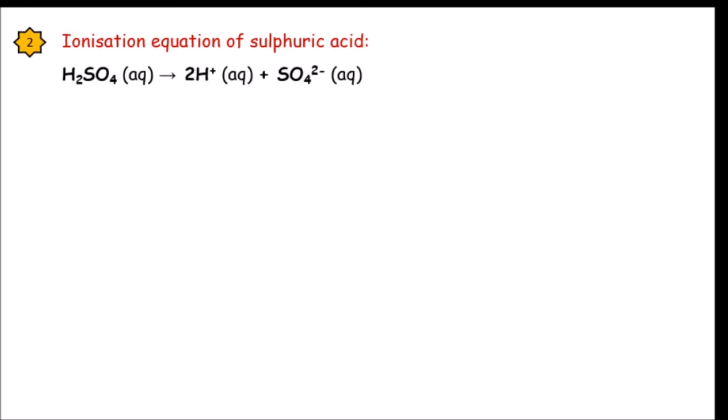Okay, good job. So this is the dissociation equation of sulfuric acid. So you see, one molecule of sulfuric acid will produce two hydrogen ions. So sulfuric acid is diprotic acid. This one you learned already in the previous subtopic.